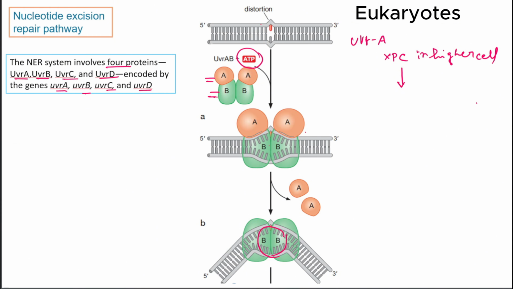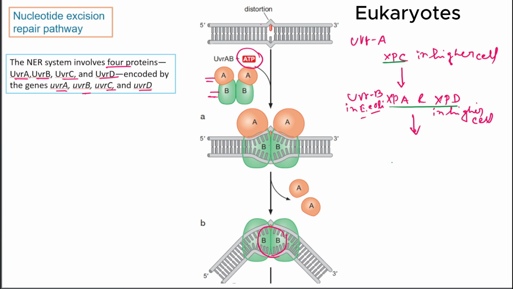The formation of the bubble involves the helicase activity of proteins like XPA and XPD, which are equivalent to UvrB in E. coli.